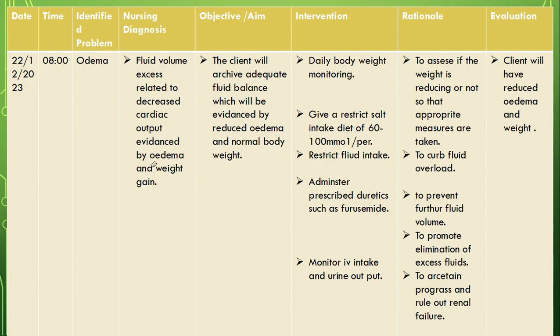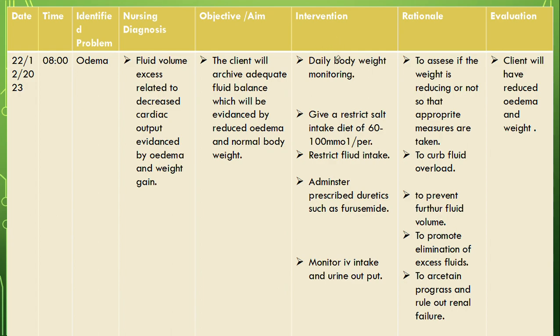Also, there can be evidence of ascites. So our objective or our aim is that the client or our patient will achieve adequate fluid balance, which will be evidenced by reduced edema and a normal body weight. So that's our aim. So our interventions are as follows.